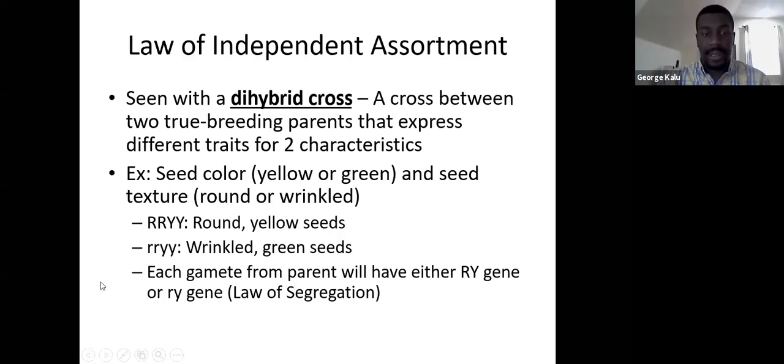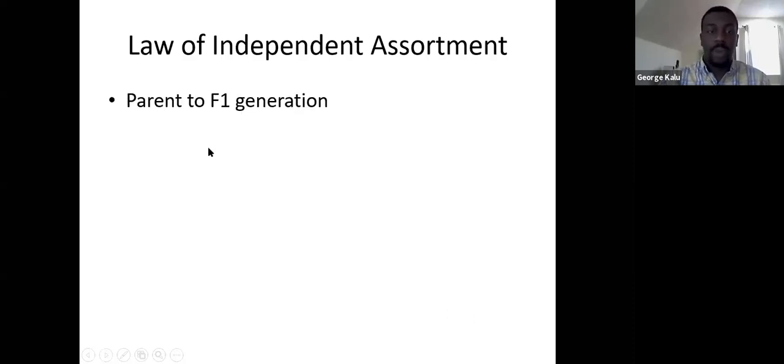So let's say we wanted to mate a big R, big R, big Y, big Y seed with a little r, little r, little y, little y seed. Let me go ahead and write this out. Here we're mating an individual with big R, big R, big Y, big Y with little r, little r, little y, little y.